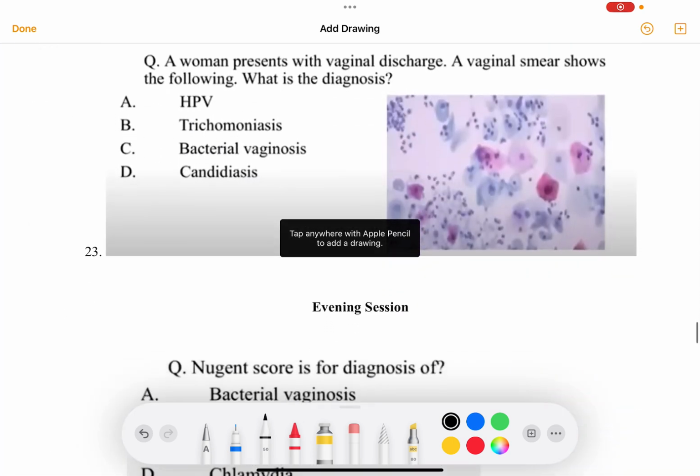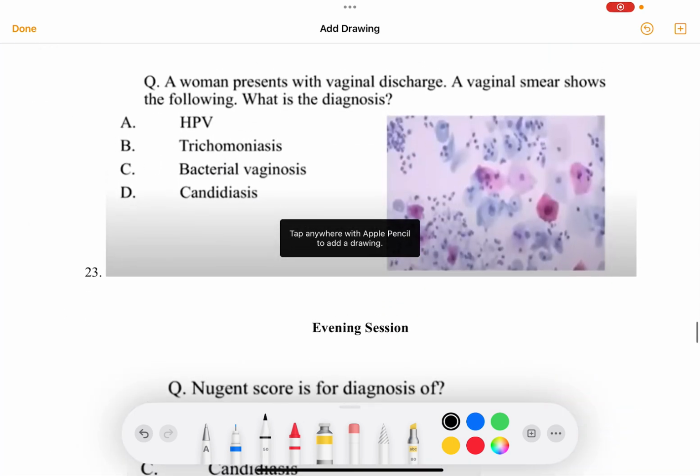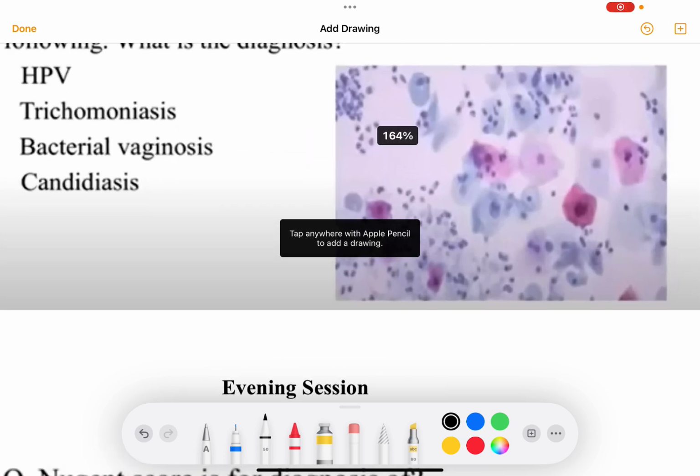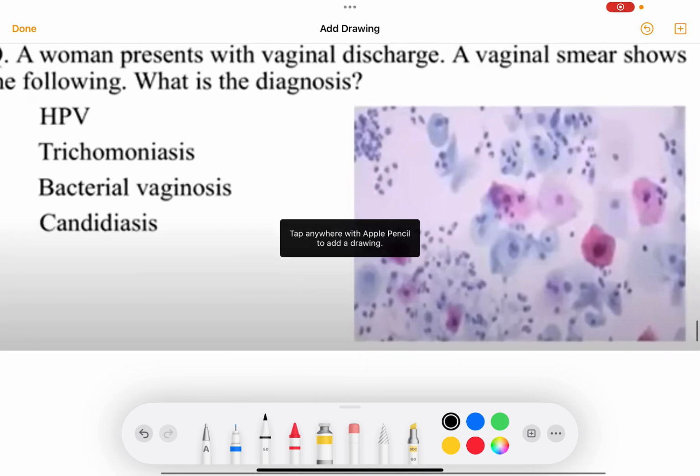The last question of the morning session is: a woman presents with vaginal discharge. Vaginal smear shows the following. What is the diagnosis? This is the Amsel's criteria which is shown over here, whereby you find a lot of cells. So this is bacterial vaginosis. Amsel's criteria you can study on your own. Sometimes this picture is not so clear.